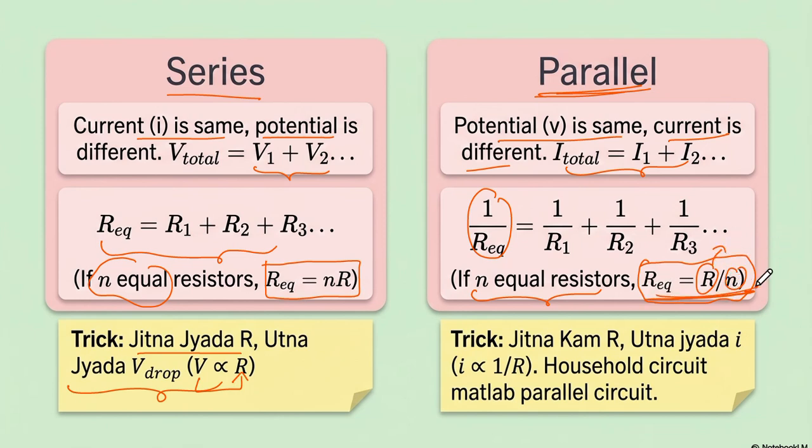So this is an important formula when identical resistances are given. In case of parallel, the less the R, the more the I, because we are adding by reciprocal. So in a household circuit, which is a parallel circuit, low resistance gives high current, because current is inversely proportional to the resistance. The lower the resistance, the more current will come.